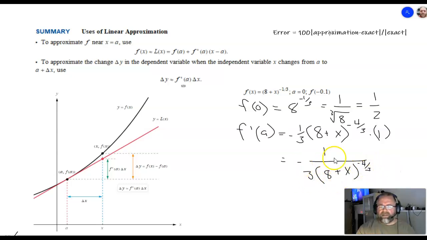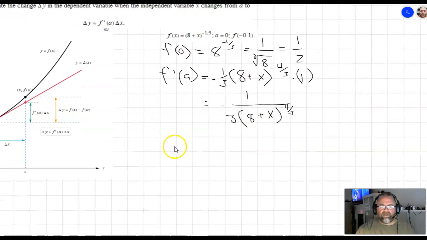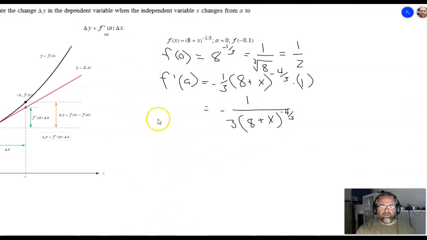All right, so now let's evaluate that at our a, which is 0. So f prime of 0 is going to be negative 1/3 times 8 to the, that should be a positive 4/3, by the way. That's why I brought it down to the bottom. 8 plus x raised to, I am messing up like crazy here.